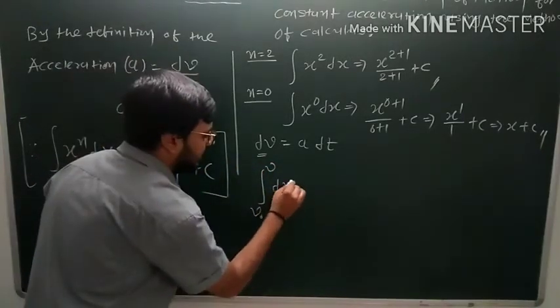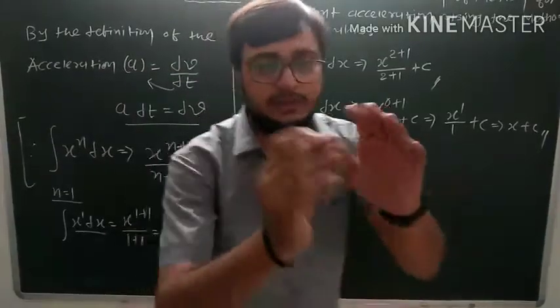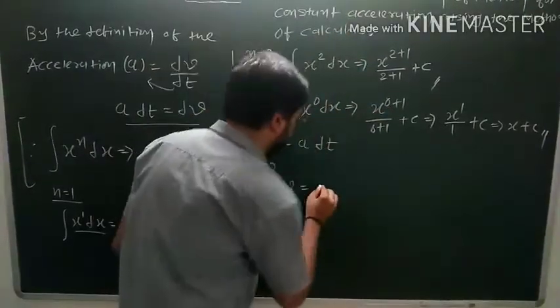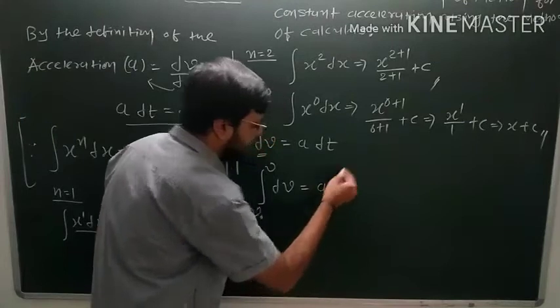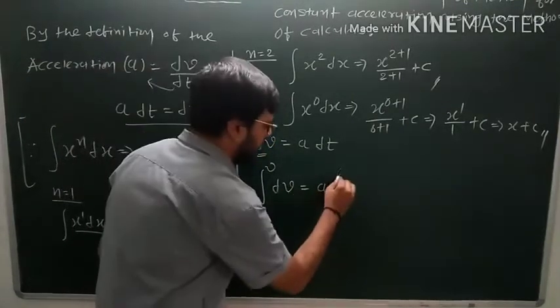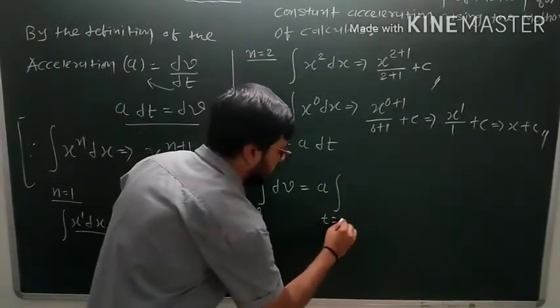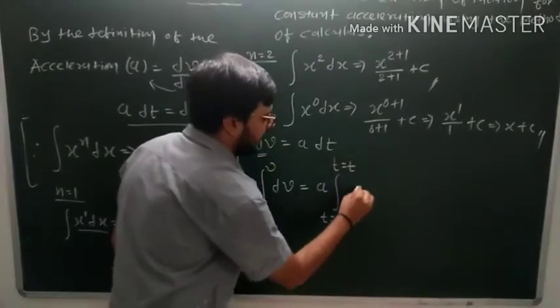Then dv, and a is a constant, so we take it outside the integration. Now we put the limits t equals 0 to t equals t, into dt.